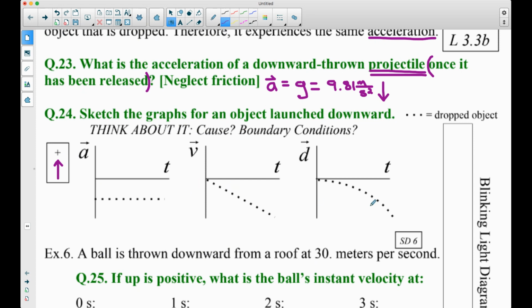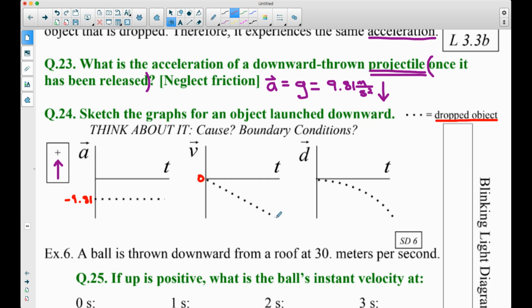Now you see these dotted lines here. These dotted lines represent a dropped object. And we talked about this a bit in W30B, so this should be a bit familiar to you. So for the dropped object, the acceleration, since up is positive, was a negative 9.81 meters per second squared. The initial velocity, that's the boundary condition now, the initial velocity is 0.